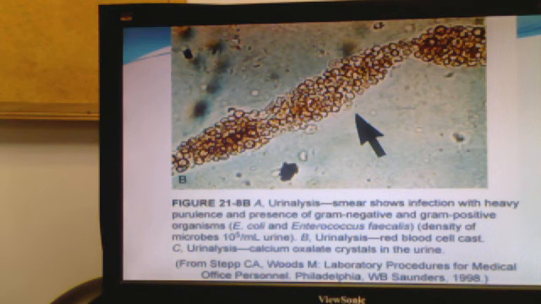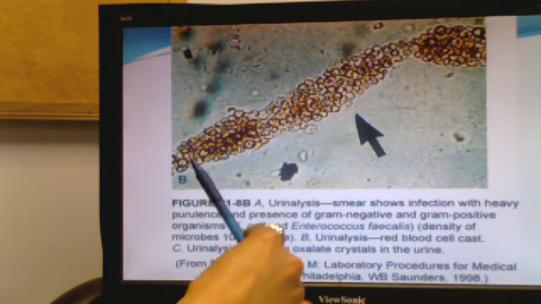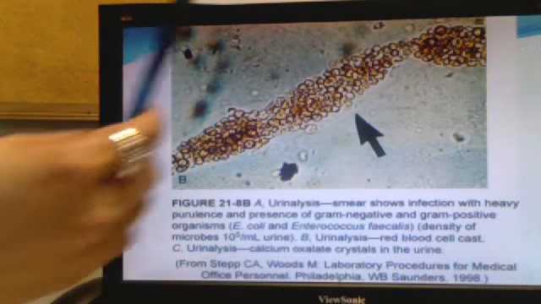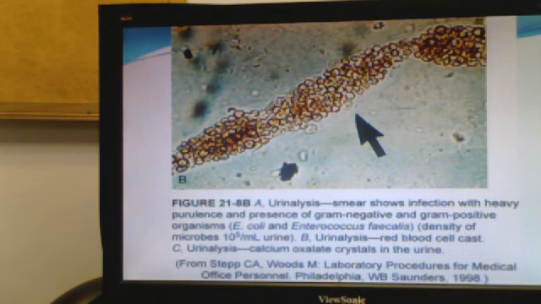Anyway, aside from blood cells, white blood cells, red blood cells, bacteria, we can also see what we call as cast. This is an example of a cast, and this is a very magnified field, and it shows you that it is in the shape of the renal tubule. So basically, these are proteins that crystallize or solidify in the renal tubules.